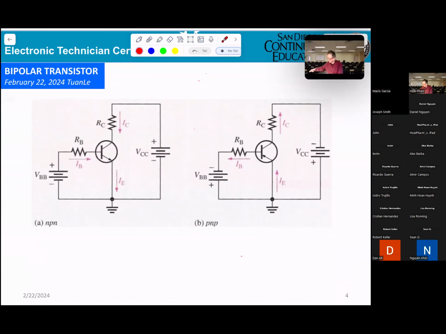Now you see the circuitry for NPN and PNP. This is an NPN transistor. This is the base, this is the collector, and that will be the emitter.